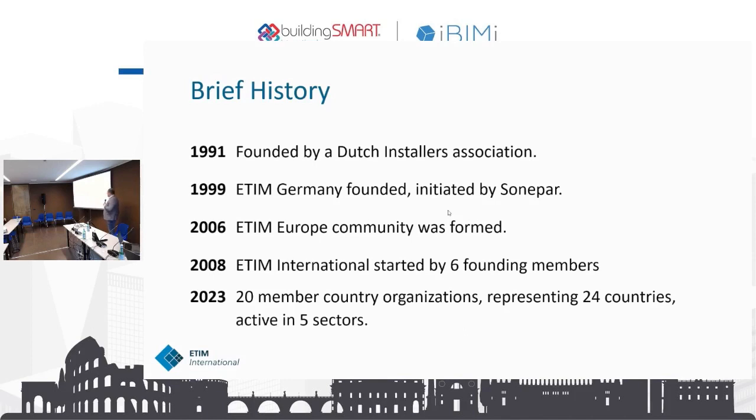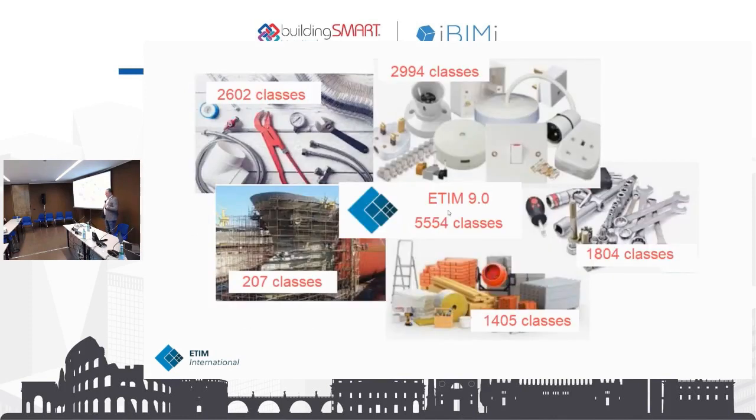And by now, we have 20 member chapters in 20 countries, but they represent 24 countries. For instance, we have ETIM North America for Canada, US, and Mexico. And we are active in 5 sectors, which are electrical, HVAC and plumbing, tooling and site supplies, construction products.